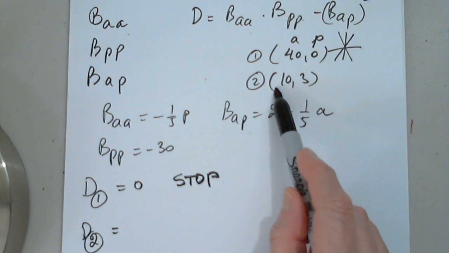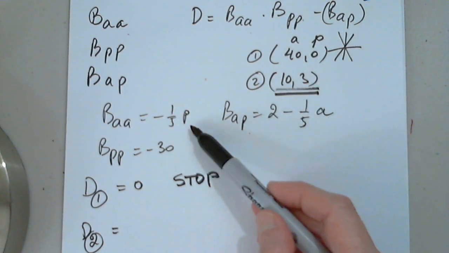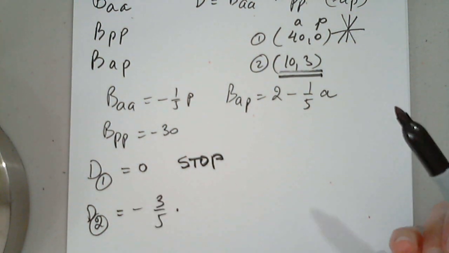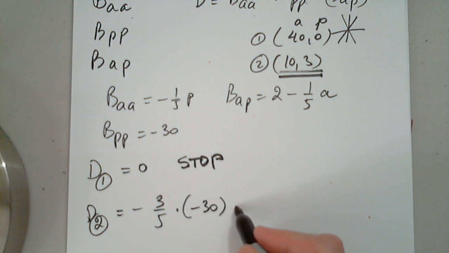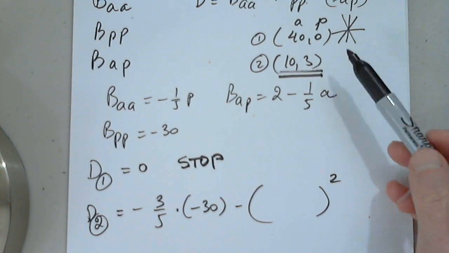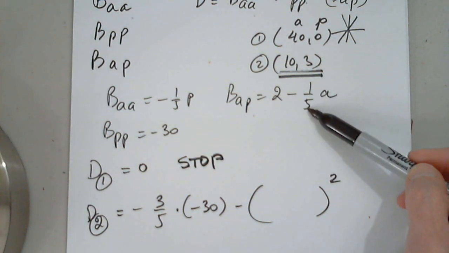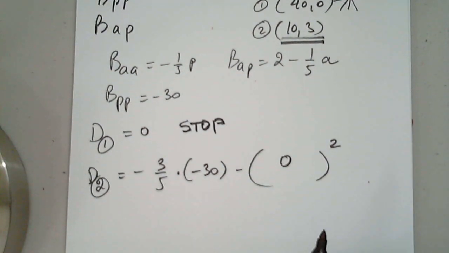So D for point 2. So for point 2 with 10, 3, I plug in just 3. And this will be negative 3/5 times negative 30 minus, this has to be squared. Let's see what we get. So when A is 10, so 10 divided by 5 is 2. 2 minus 2 is 0. That's okay. That is possible.